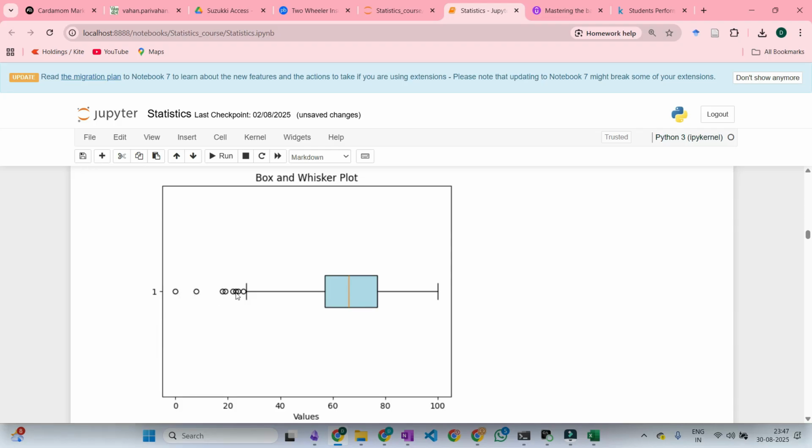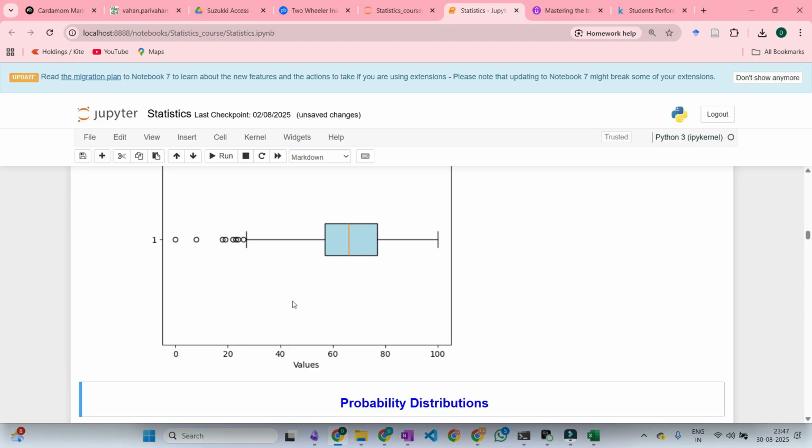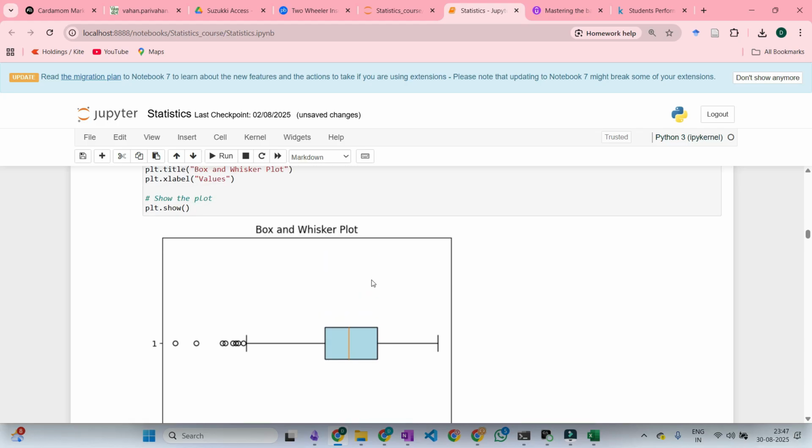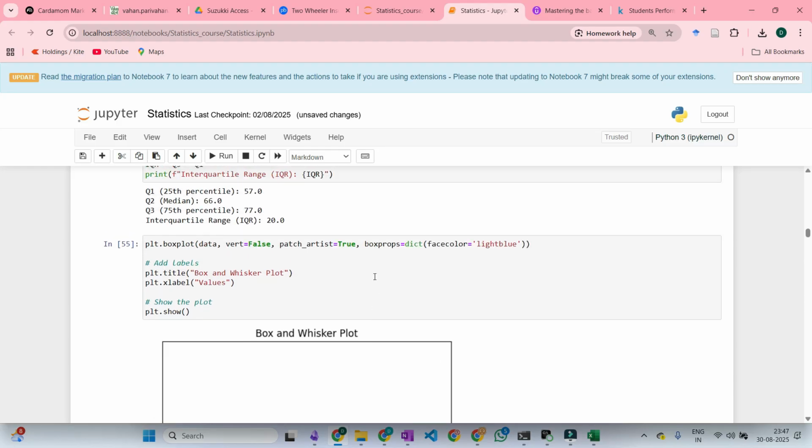You can see the median and mean from this box and whisker plot. So there is not much skewness, but there are a lot of outliers. A kind of left-tailed, you can see. From this box plot you can find out the outliers and where most of the values lie, around 58 to 79, right? So the interquartile range is 20. So you have plotted the box and whisker plot.